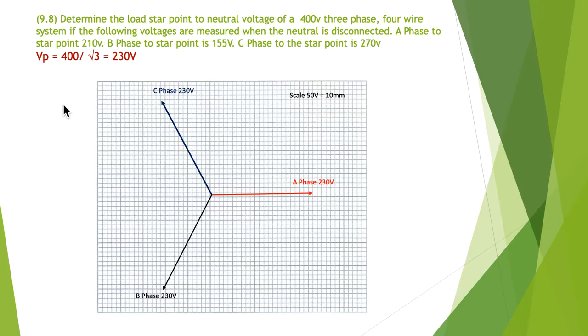Now each of those phases is actually at 230 volts. So they've given us the line voltage, so we need to find out what the phase voltage is, and the phase voltage is 230 volts in this case, because we're going to take the 400 and divide it by root 3, which gives us 230 volts. So at this point, it's important to understand that this phase length is 230 volts. The angles between all the phases in here are all at 120 at this point.